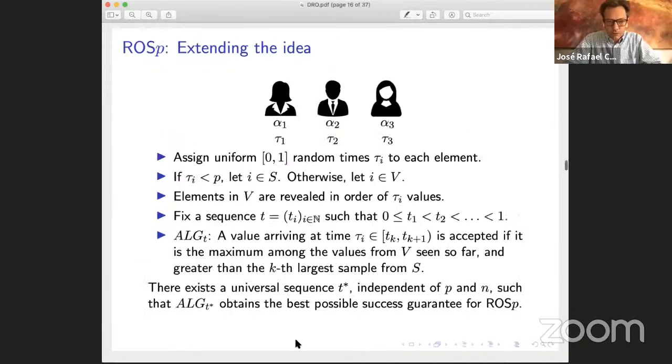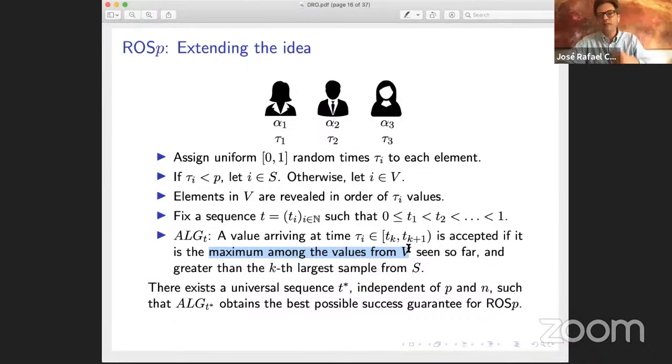You always want that what you're picking is a maximum from V. And now the question is, how do you use the set S? Early on in the game, when your set S is not so large, you really want that your element, let's say as P is less than 1 over E, for instance. Think of that case.